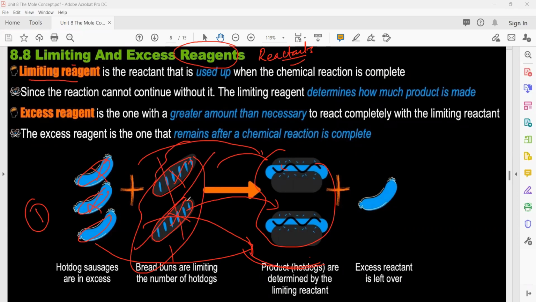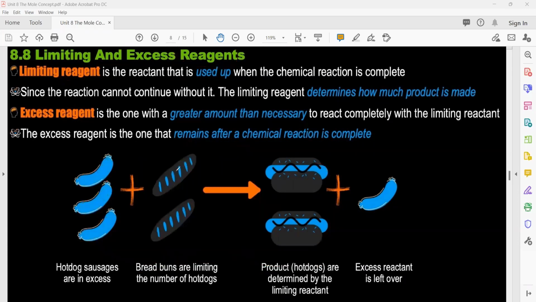Here the bread stops you from making more sandwiches, so this is the limiting reagent. And the other thing which is still left behind, which is more and not finished, is known as the excess reagent.